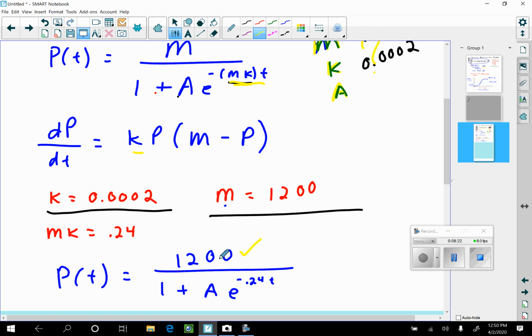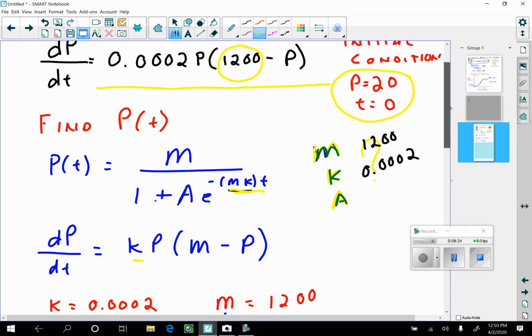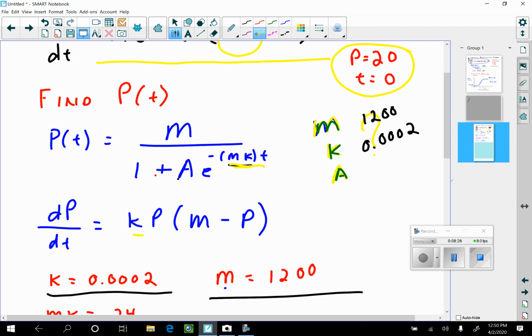Almost have this without doing any heavy analytical work. If I know this statement right here, and I have my notes, then if I'm given the population model, I can come up with a differential equation. If I'm given the differential equation in terms of the population, I can come up with the population model that's in terms of t.